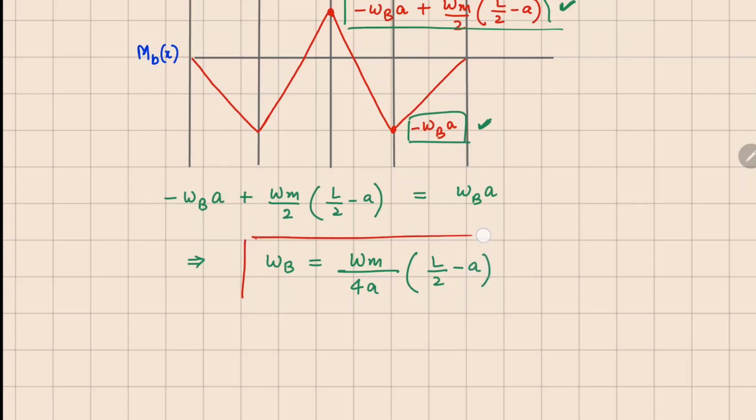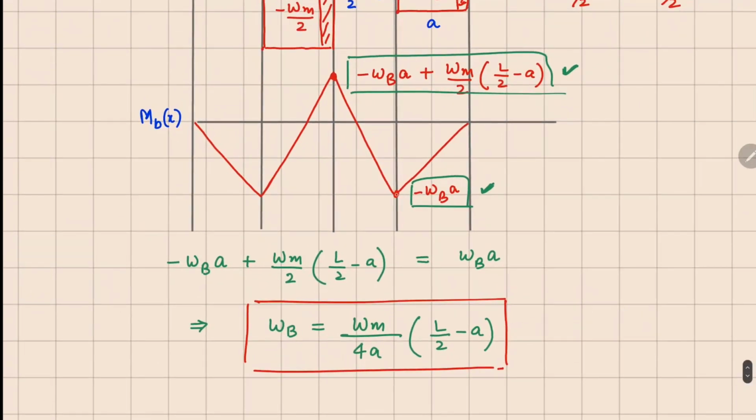So this is the weight of bricks that will minimize the maximum value of bending moment. So maximum can happen either at this point or it can happen at that point, and it will be minimum when both of these values meet each other.